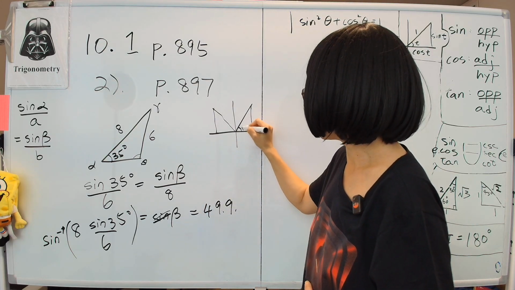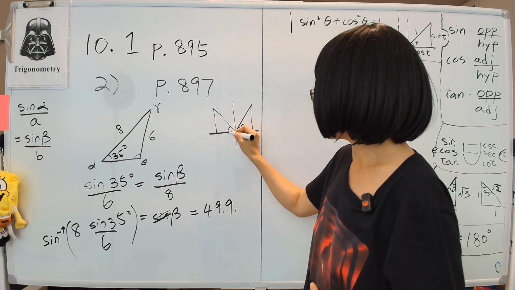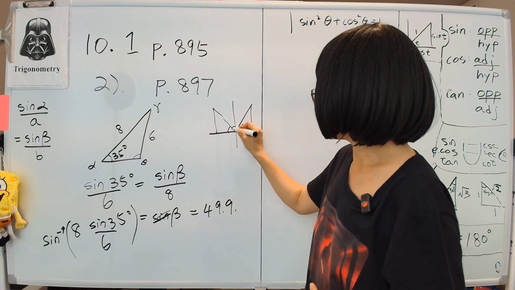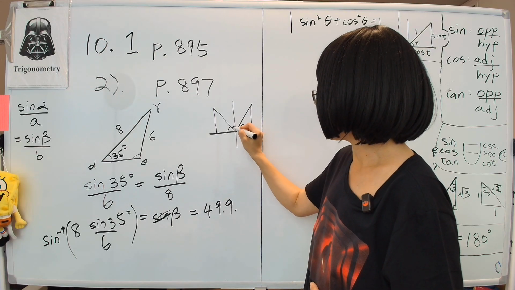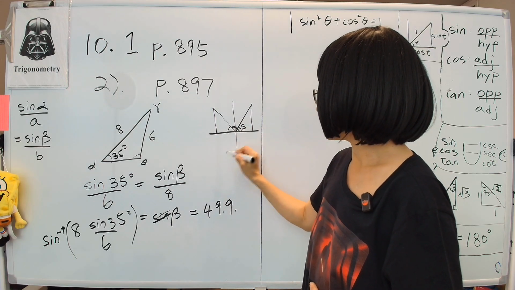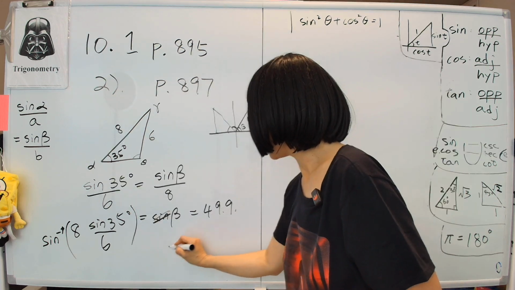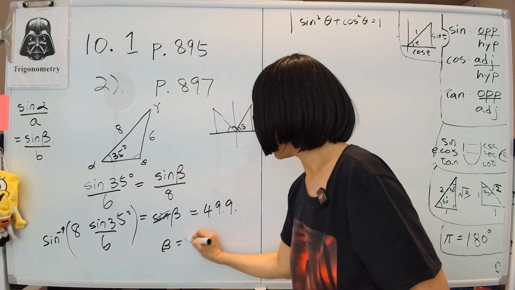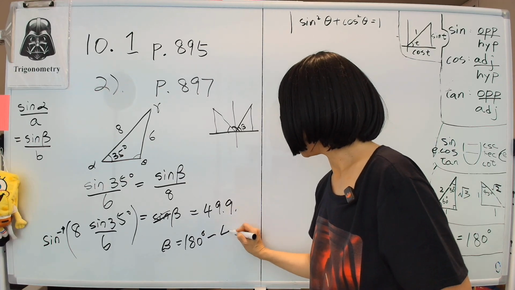If this is beta here at 49.9, there's another one on the other side that has the same value of sine. This angle here, the fat one, is equal to 180 minus beta. So the other beta is also equal to 180 degrees minus 49.9.